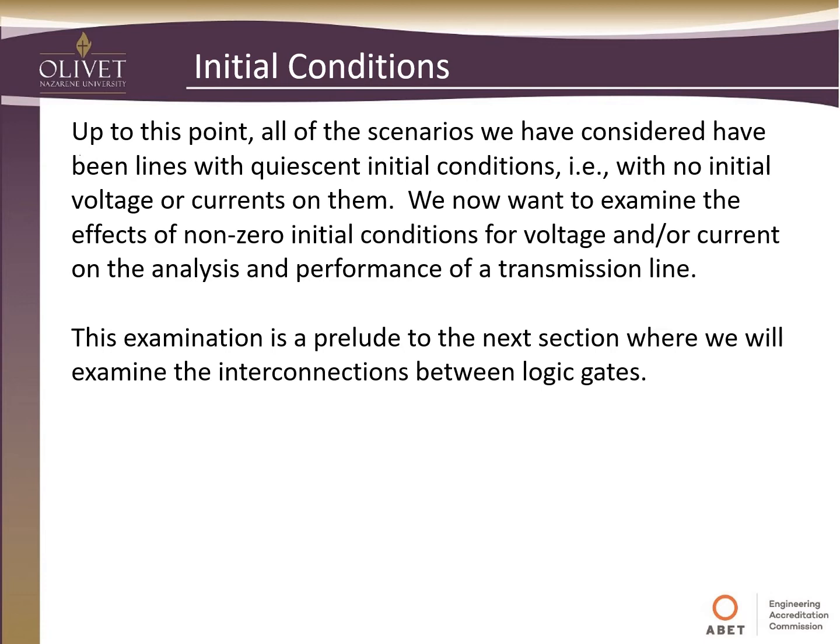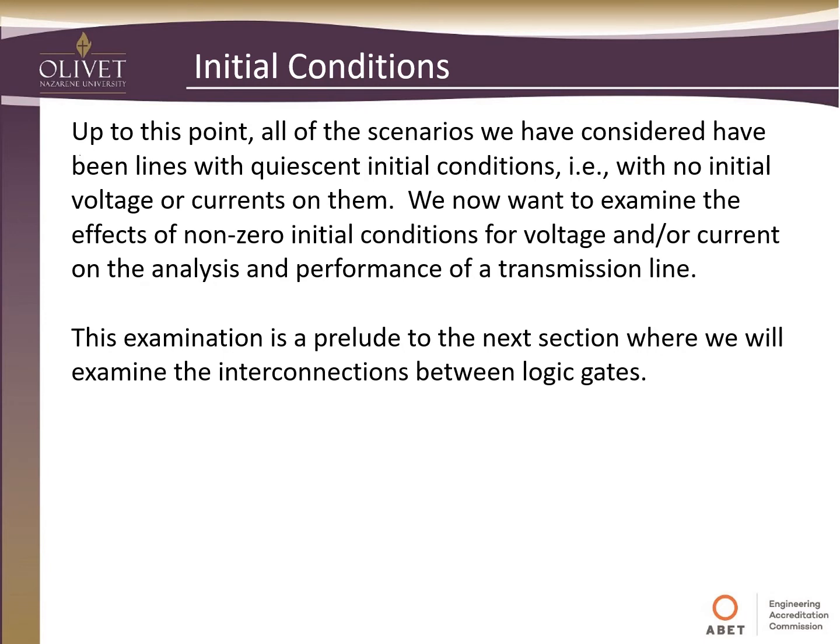So this may be something that's kind of new for you to think about because with your network analysis up to now, you've probably dealt with just circuits that, until you close a switch or something, nothing's going on. And that's true many times, but when you get into high performance circuits, especially high speed circuits, there are times where you can have switching transients and things going on that if you don't time it correctly, when you open a switch and then shut it sometime later, there still could be some initial condition on it.